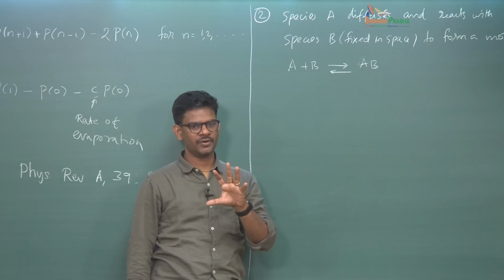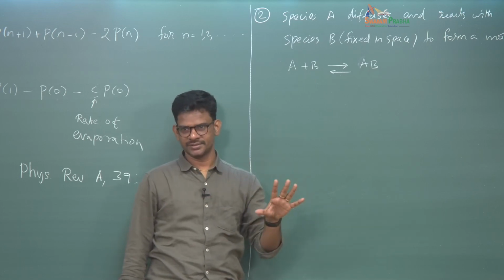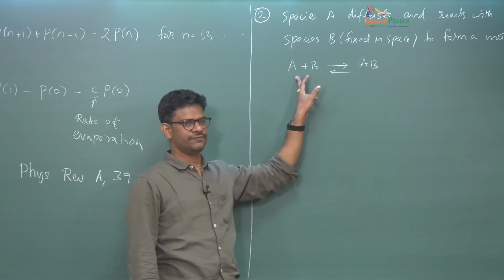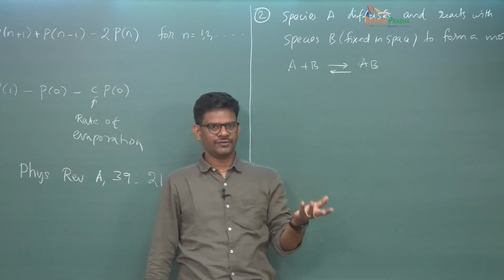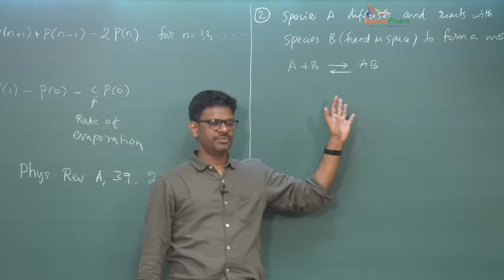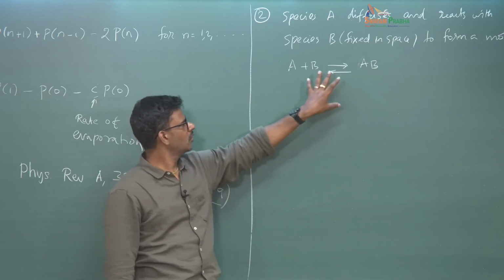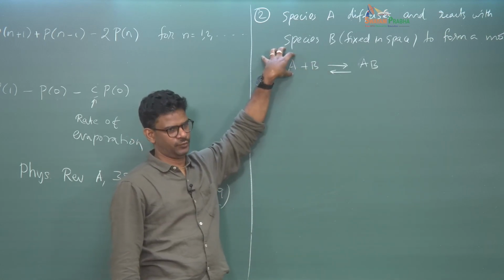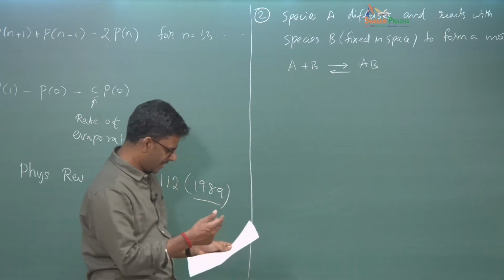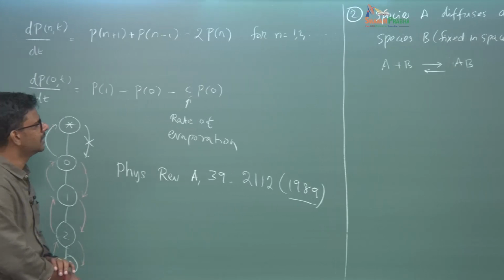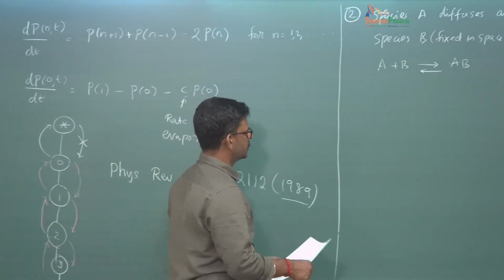So, we are talking about a diffusion controlled reaction where one species is diffusing, the other one is fixed in space. You can also let this diffuse around if you want, but just to keep this example simple enough, we are keeping one fixed, one diffusing. And again this can be done in a one dimensional formulation.